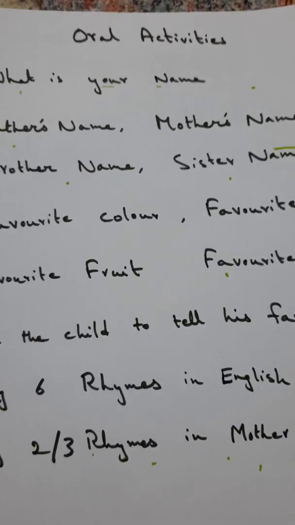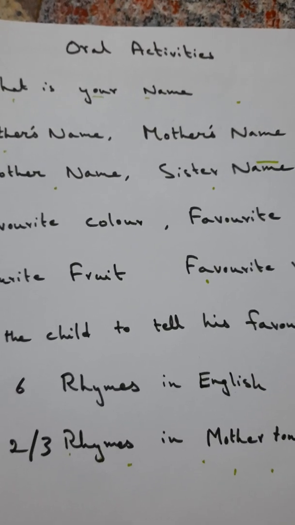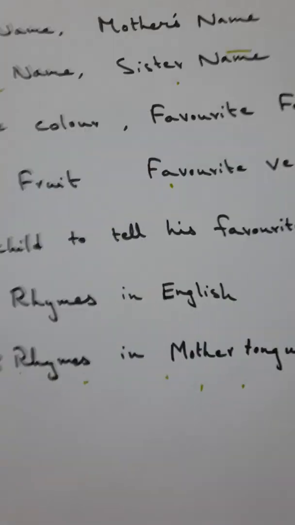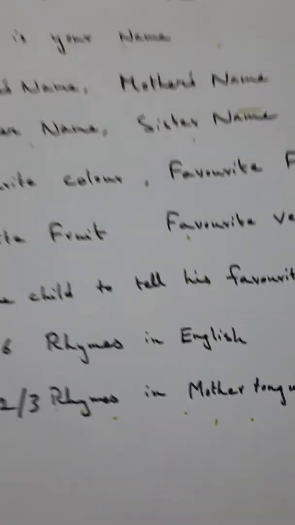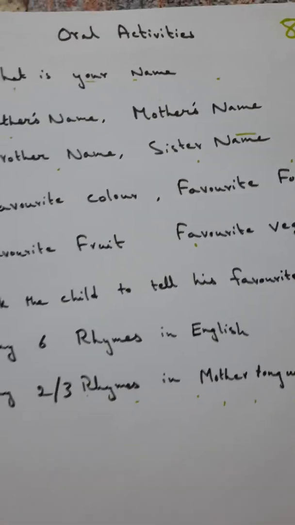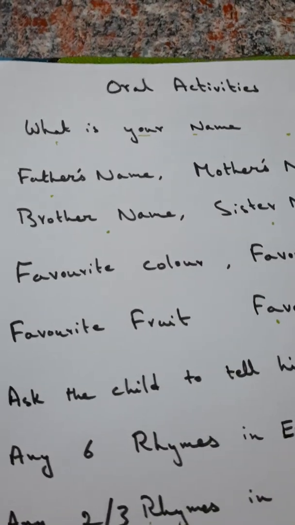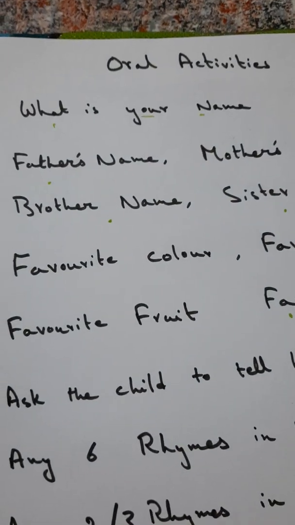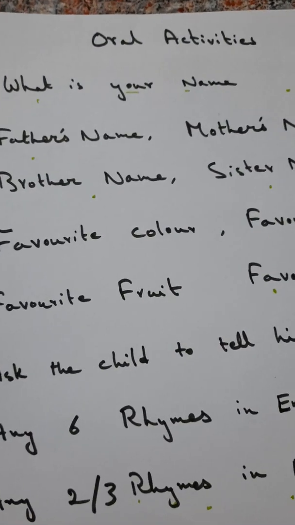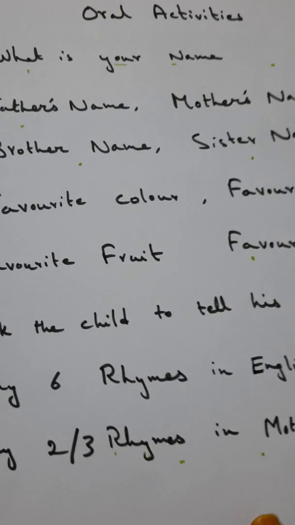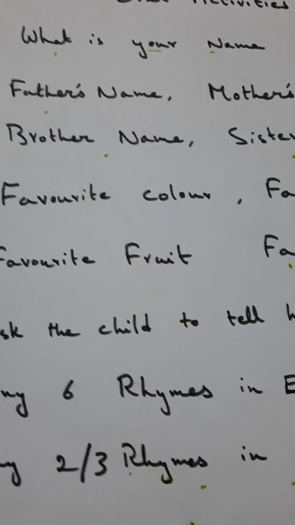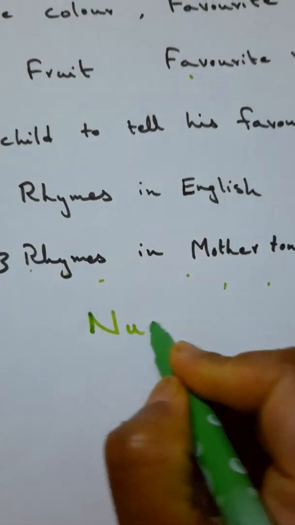All these activities will help you assess the child and know where the child is. And based on this, you can give more revision activities which the child has to prepare to go on for class nursery.